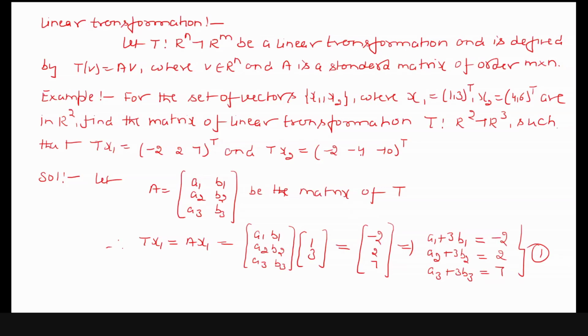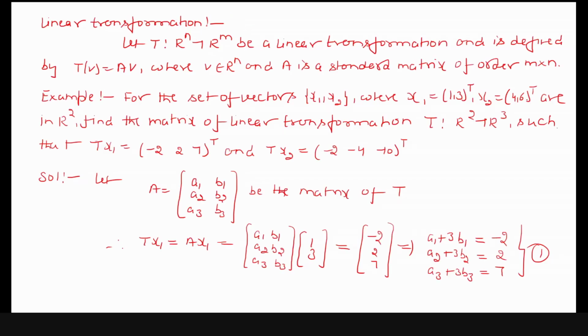And T of x2 is given to you. Okay, T of x2 is equal to (-2, -4, -10) transpose. And now this T of x2 is equal to A of x2, which is equal to the matrix [a1 b1; a2 b2; a3 b3] times x2. What is x2? x2 is (4, 6).